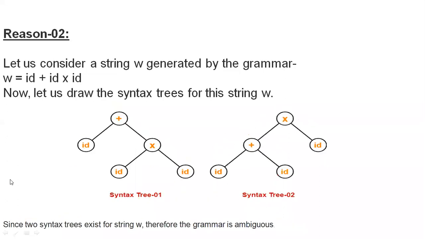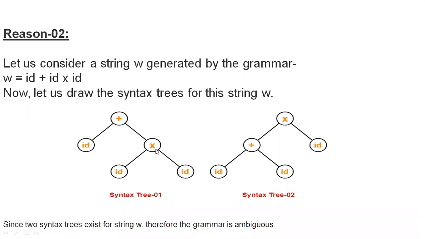And reason number 2, stating that this grammar is ambiguous: let us draw the syntax trees for this. See here how the syntax trees are defined. While representing syntax trees or abstract syntax trees, the operators become the root nodes.